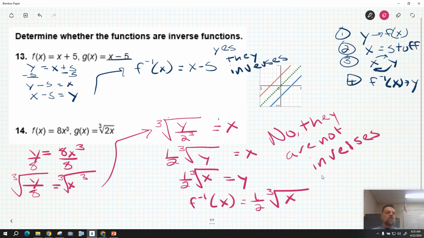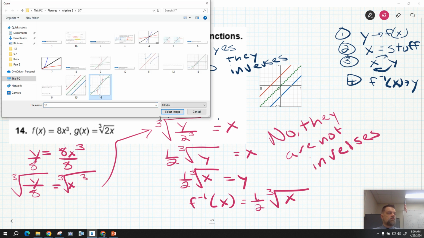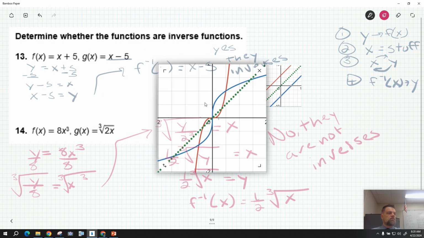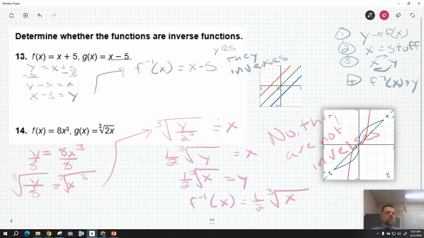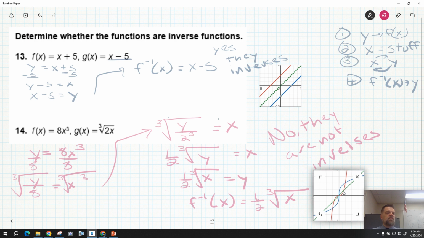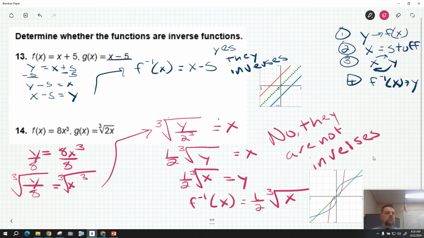And so they're not inverses then. Their symmetry has a lot to do with the fact that one's a cube root and the other one is a cube. But remember, for them to be inverses, they'd have to be symmetrical about the diagonal. Okay? Any questions on that one?